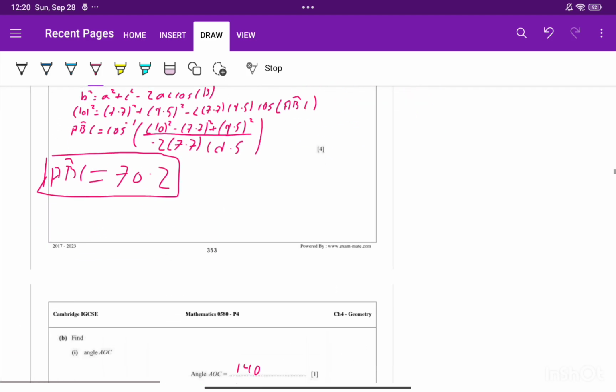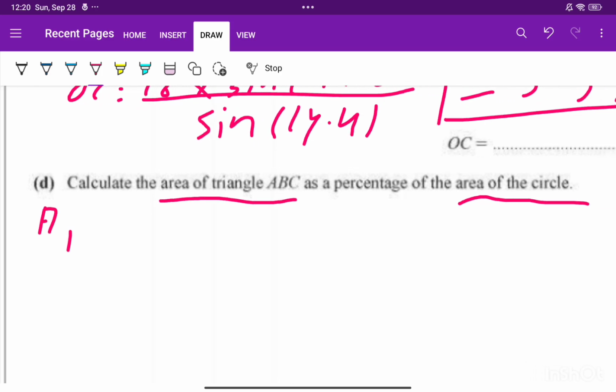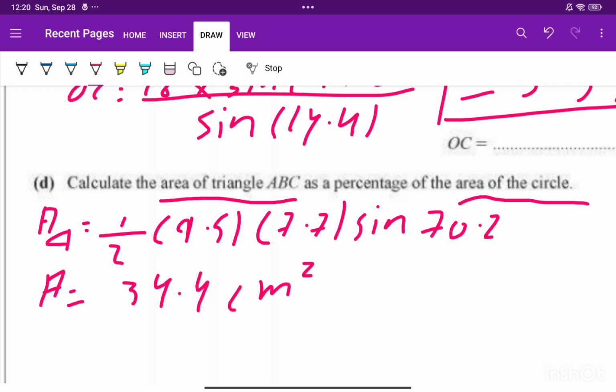So we can easily find the area of the triangle, which will be half times 9.5 times 7.7 times sine 70.2. We do this in the calculator, and the area will be 34.4 centimeters squared. This is the area of the triangle.